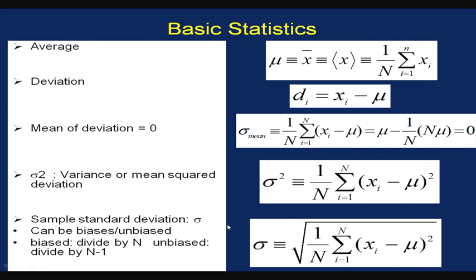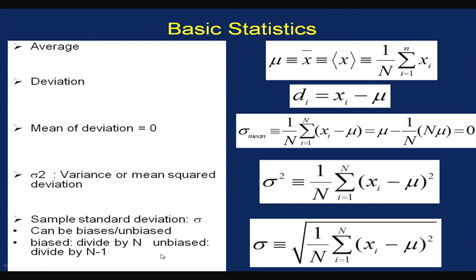A closely related statistic is simple standard deviation, which is square root of variance. We can have a biased estimate of standard deviation or unbiased estimate of standard deviation. If we want to have a biased estimate of standard deviation, we divide this by n.